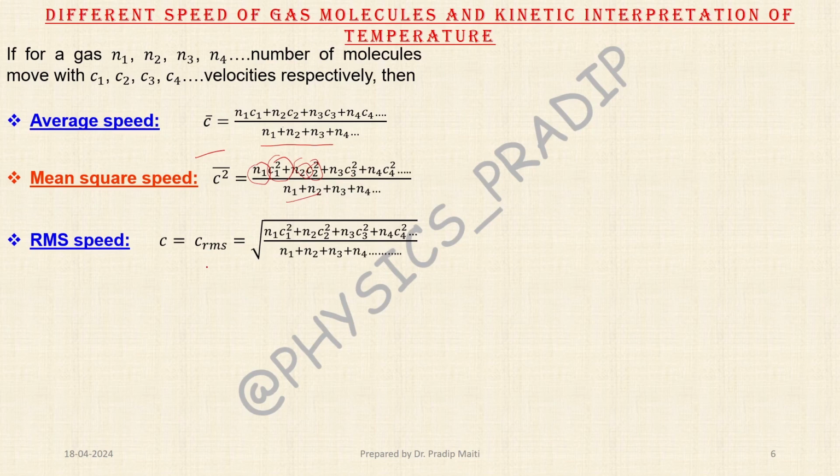RMS speed, that is root mean square speed, is equal to the square root of the mean square speed, that is the square root of n1 c1 square plus n2 c2 square divided by n1 plus n2.